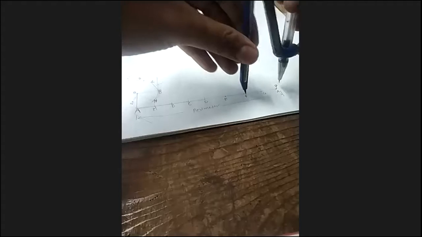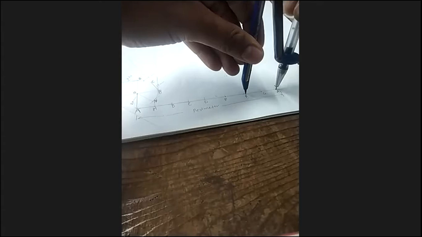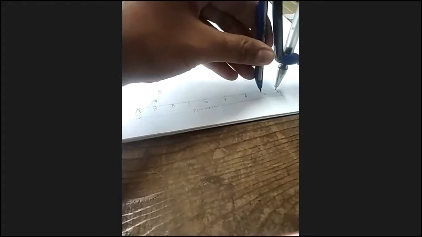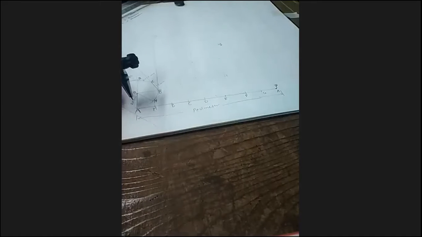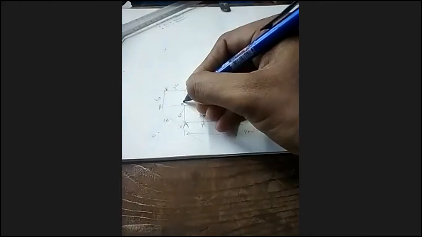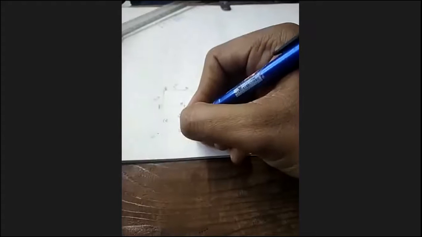M. Then F to P, from F downwards, and that is N. And again, the last point from G to P. So again O has come. We have already named O here, so we'll put O dash at this origin. So this will be our O.